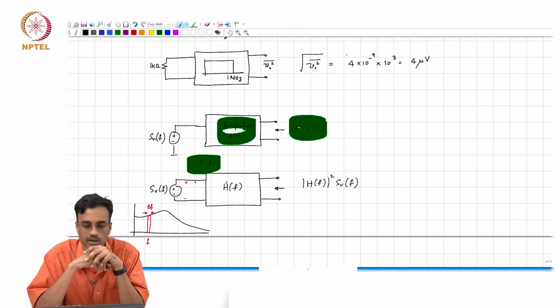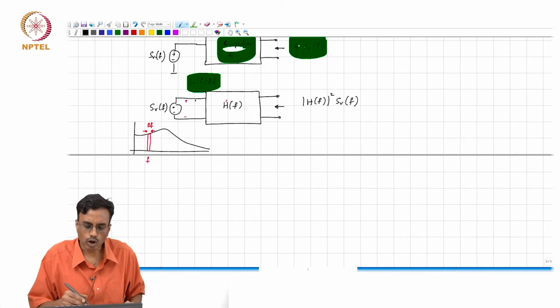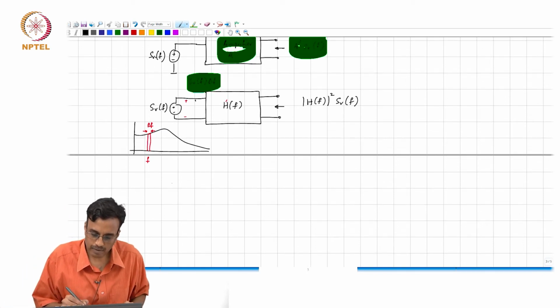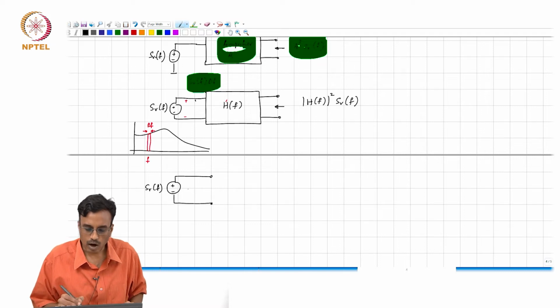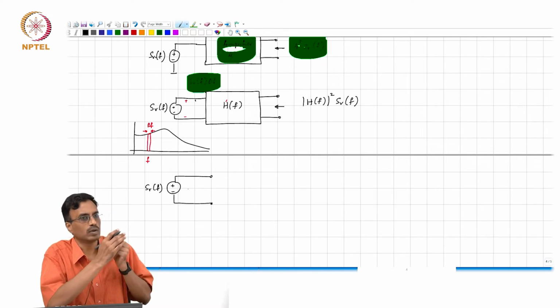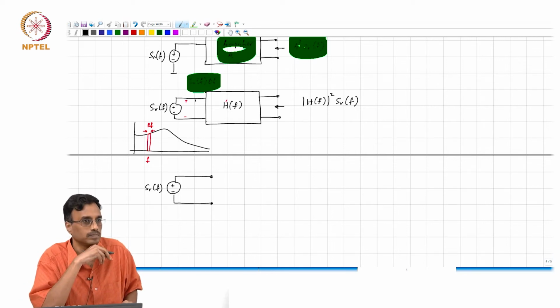Okay. So, what comment can you make if you have a noise source with spectral density SV of f? What comment can we make about the mean square noise of the noise source?